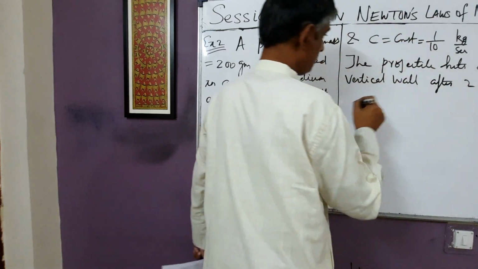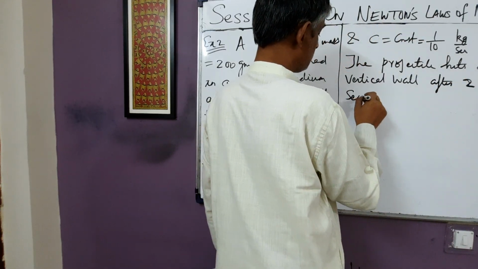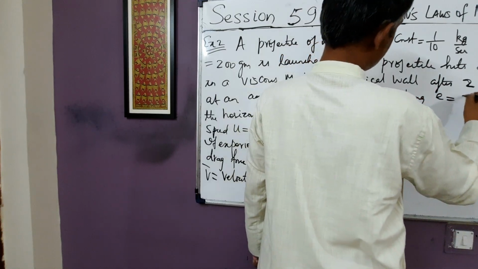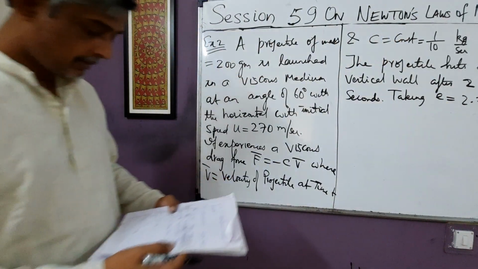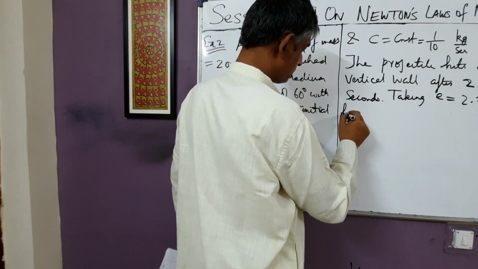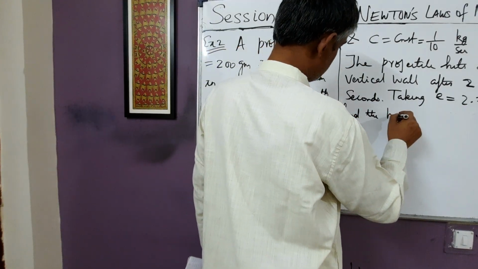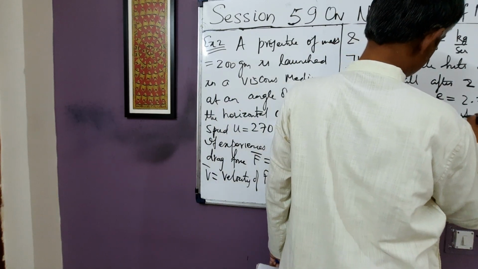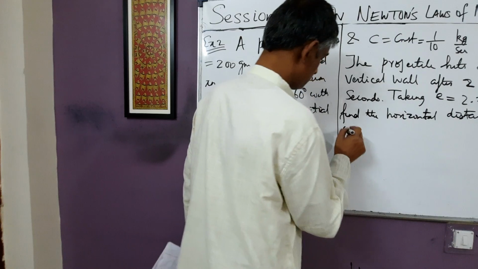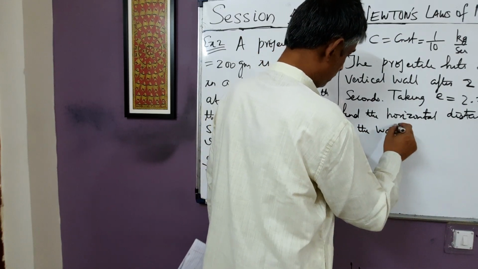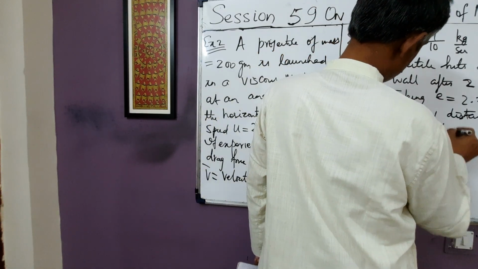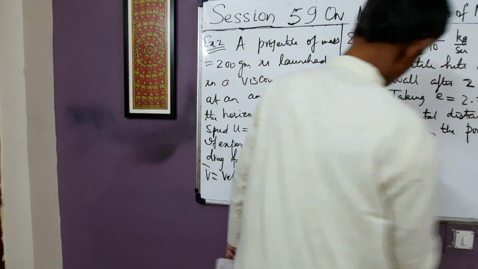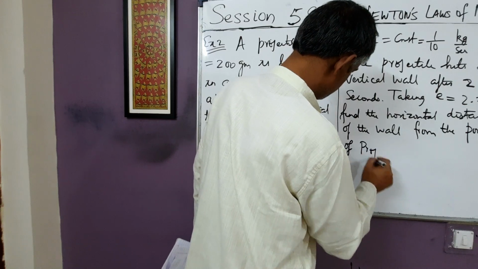Taking e to be 2.7, find the horizontal distance of the wall from the point of projection.